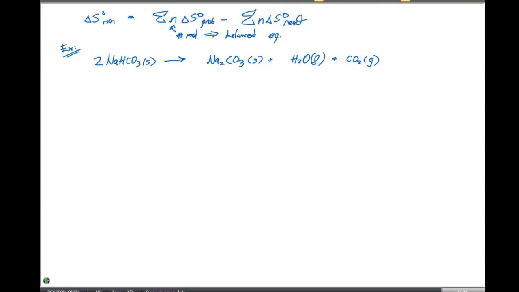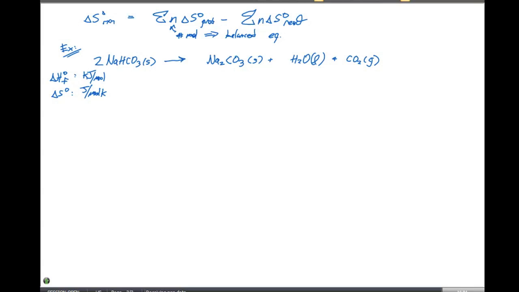If we look back in the textbook, we can get particular values for delta H naught of formation and for delta S naught. The delta H naught of formation values are going to be listed in kilojoules per mole, and the delta S naught values are listed in joules per mole times Kelvin.